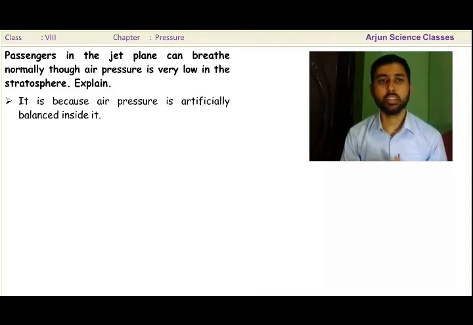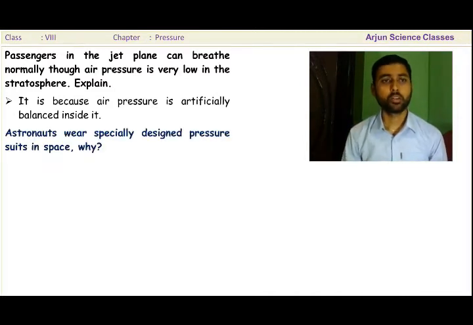It is because air pressure inside the jet plane is artificially balanced, so passengers can easily breathe inside the jet plane.